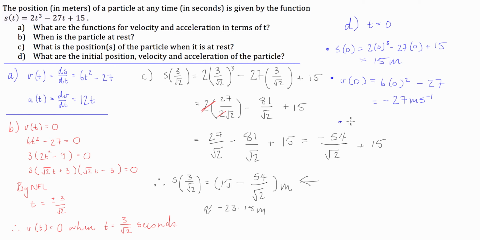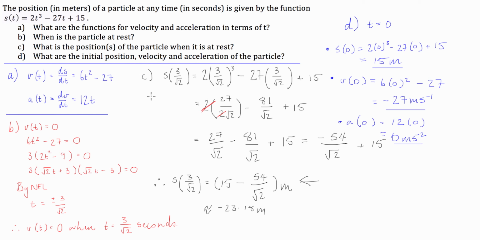And finally, acceleration at 0 is equal to 12 times 0, which is equal to 0 meters per second squared. So those are the three answers for the final part, and those are our four solutions to this problem.